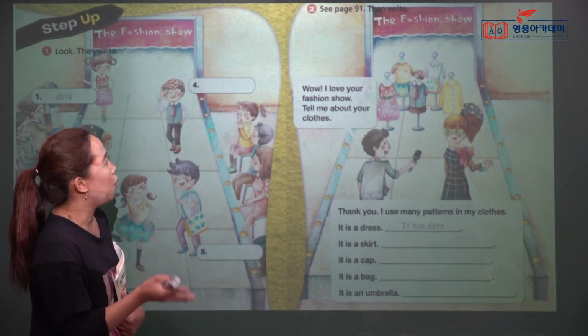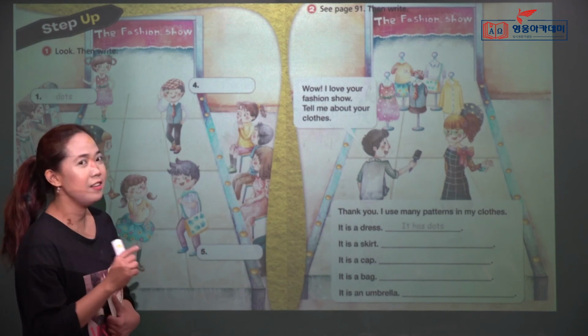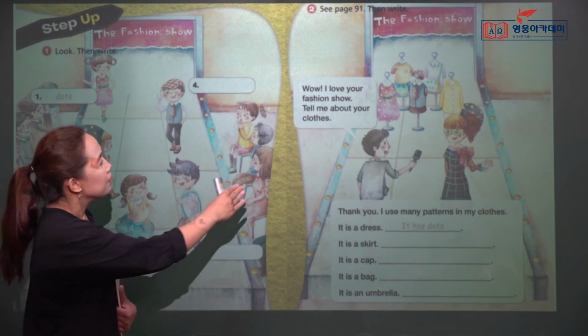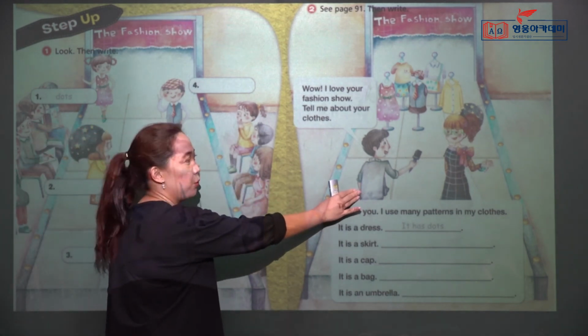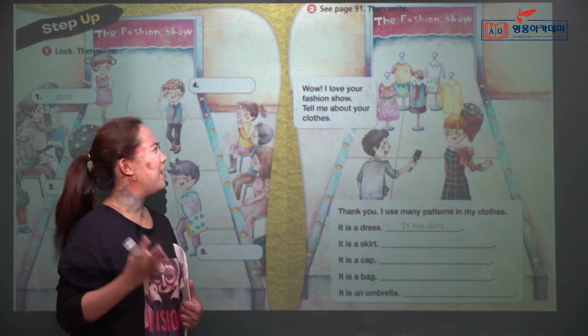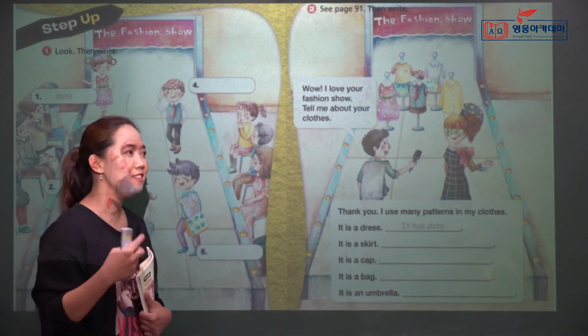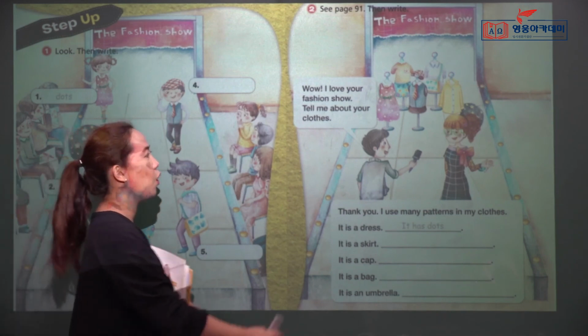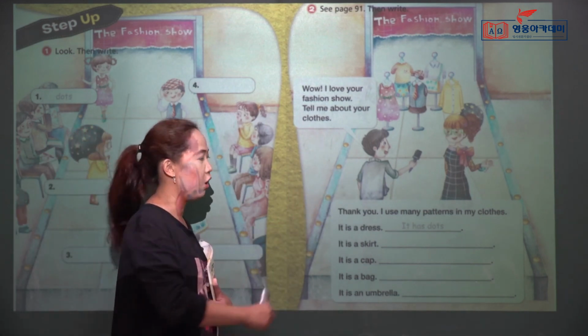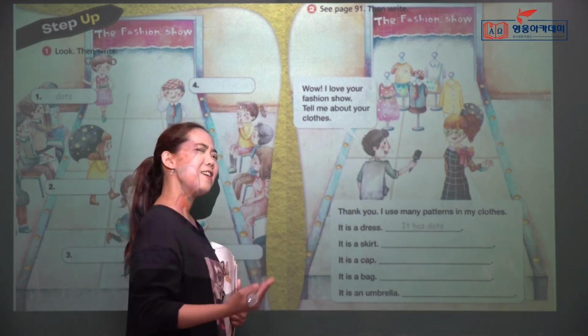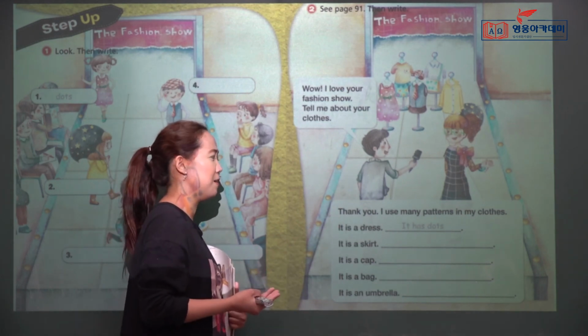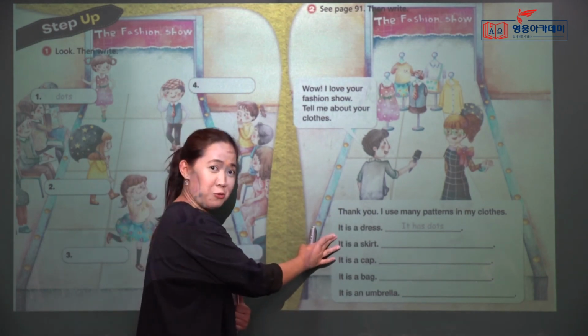The fashion show. See page 91, then write. So here is the reporter. So the reporter is saying, "Whoa, I love your fashion show. Tell me about your clothes." So this fashion designer will answer, "Thank you. I use many patterns in my clothes. It is a dress.